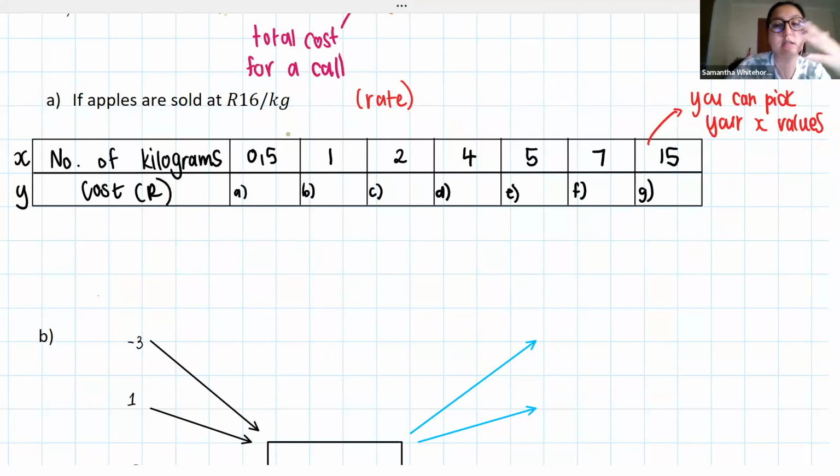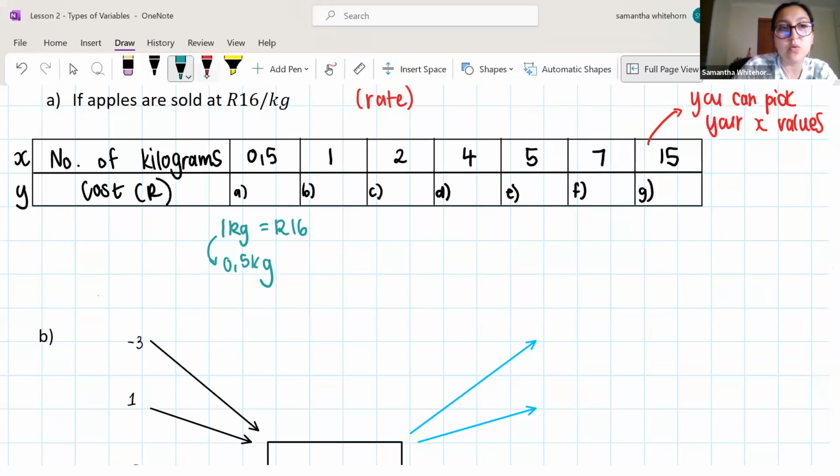Good. Okay, so guys, there's lots of different ways to do this, and you need to do what makes sense for you, right? We know that 1 kilogram costs 16 Rand. If we're going to work out the cost of half a kilogram, one way is to ask ourselves, what am I timesing or dividing 1 by to get a half?